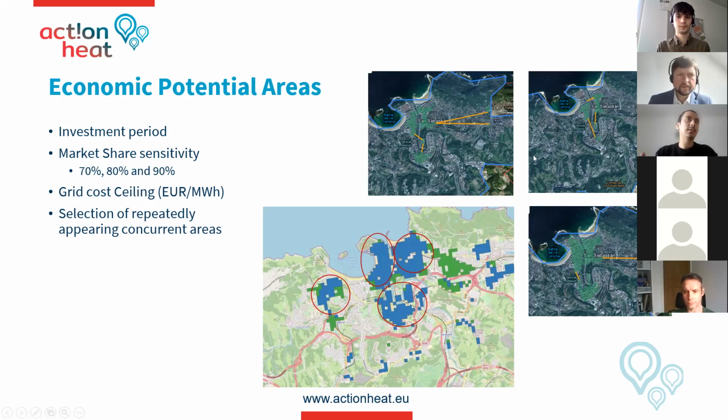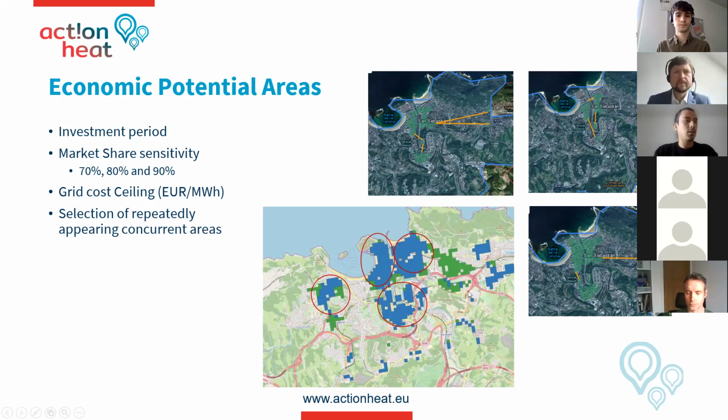So now we identified these 9 different files, or shapefiles, where the potential locations are assigned based on the sensitivity. Combining all these, for San Sebastian we identified 4 different potential locations which show the most economic feasibility with regards to the implementation of a district heating network.